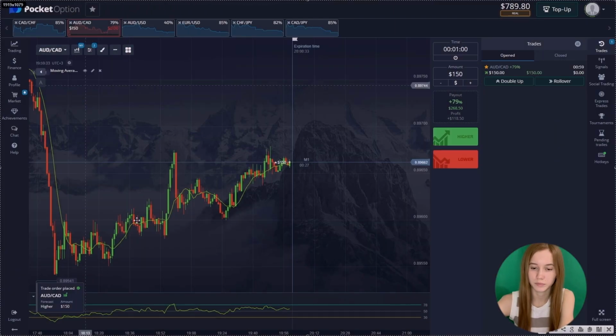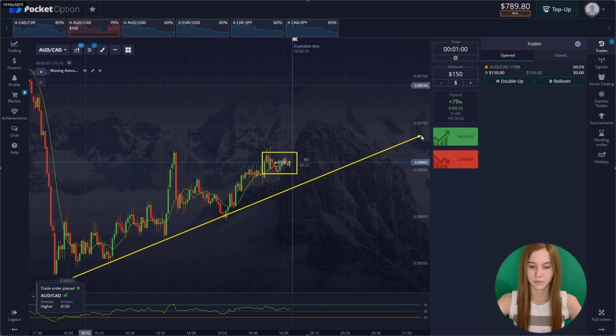Open up and start our technical analysis. So what we see, growth in our chart. We also have more green candles, and from the general situation we see some consolidation.